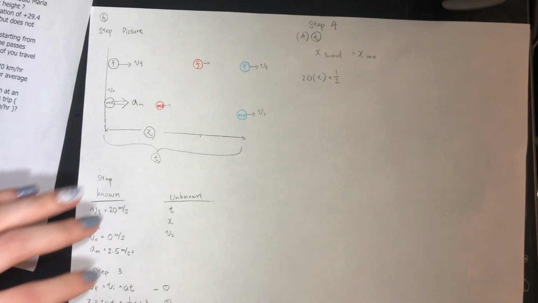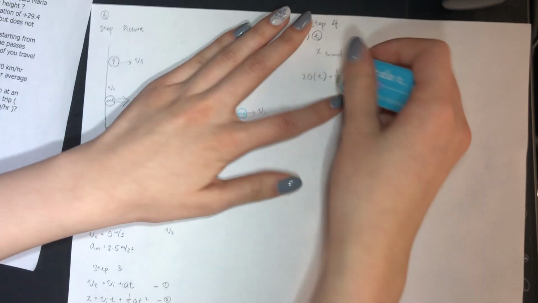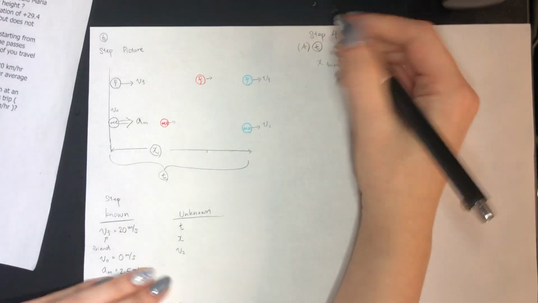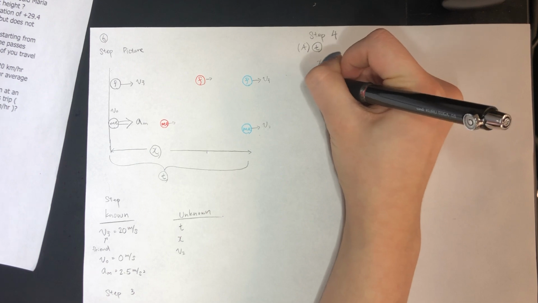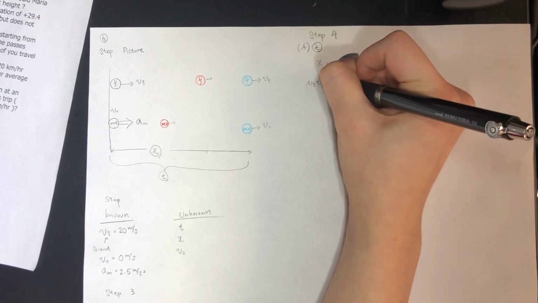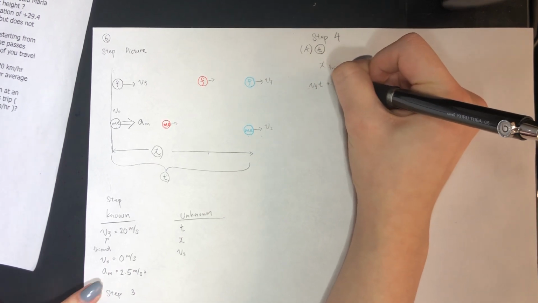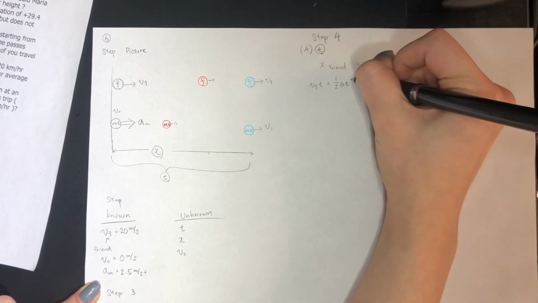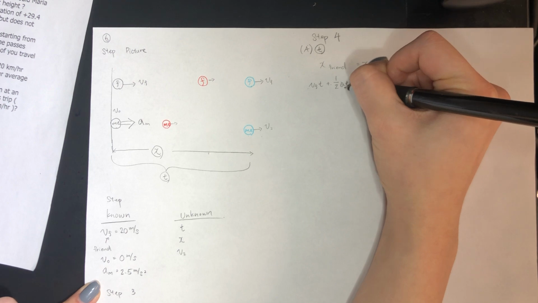oh, sorry, I'm going to rewrite that. I kind of skipped a step. Okay, V of our friend times t plus 1/2 of a t squared, a friend.